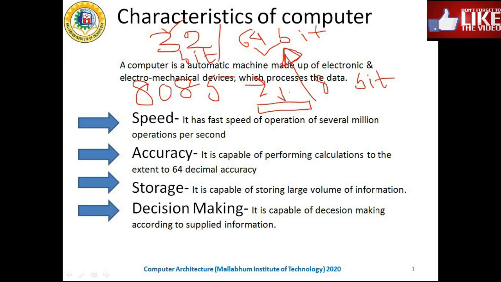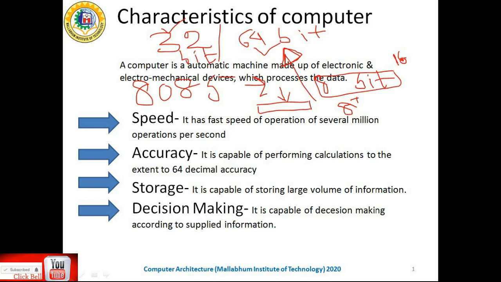In the 8085 processor at a time 8 bits can be handled. Okay, that means you can add 8-bit data with 8-bit data. You cannot add 16-bit data with 16-bit data directly. That can be performed with different programming techniques, or you can break the 16 bits into two 8 bits, then you can perform the operation. But as it goes on from 8 bit to 16 bit, then 32 bit machine. In the 32 bit machine you can understand what I mean by accuracy.